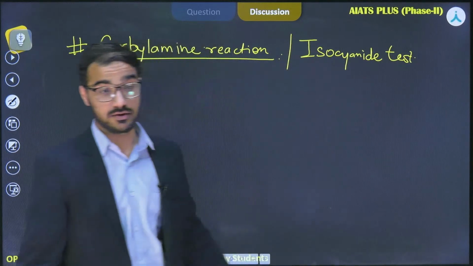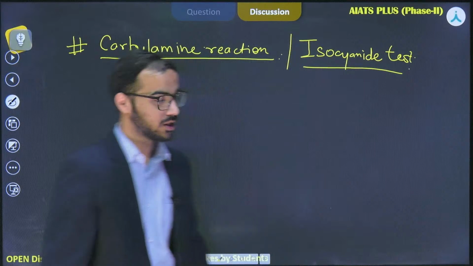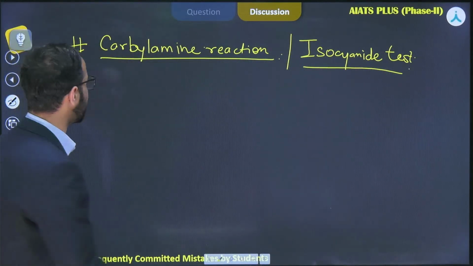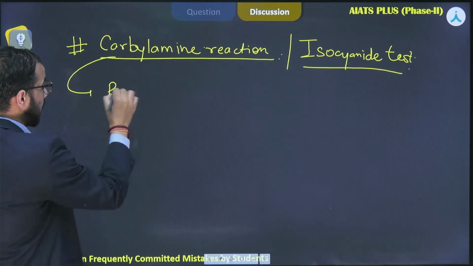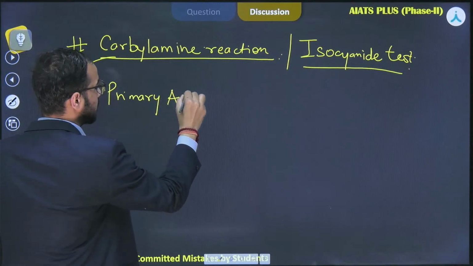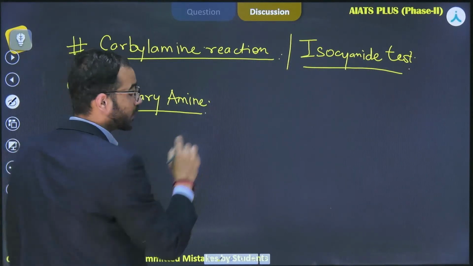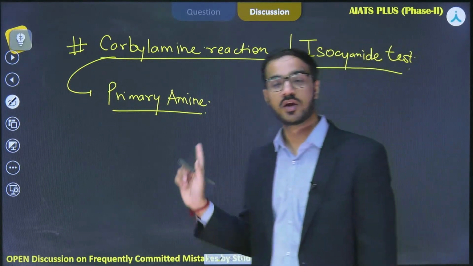And why we call it that, you will get to know in the later part of this question. In the carbylamine reaction, the very first and foremost thing is that this will be given by only primary amines. No secondary, no tertiary will give that kind of reaction.